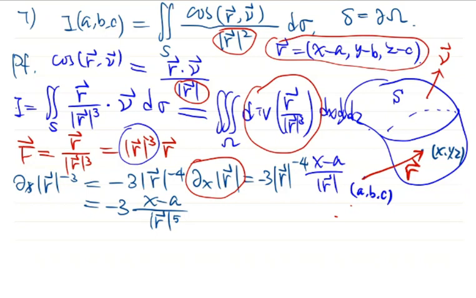This is the partial derivative of the function with respect to x. Similarly, you compute the partial derivatives with respect to y and z, and then you will see that the gradient of this function would be minus 3 R over the norm of R to the power 5.